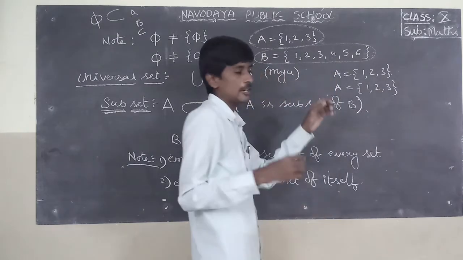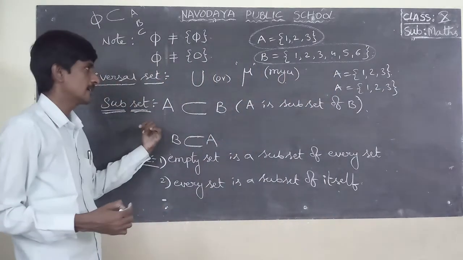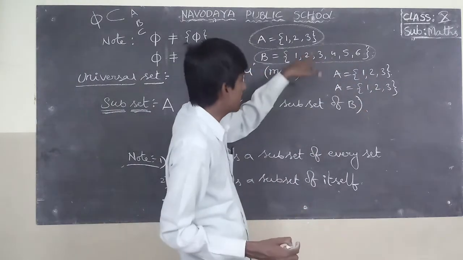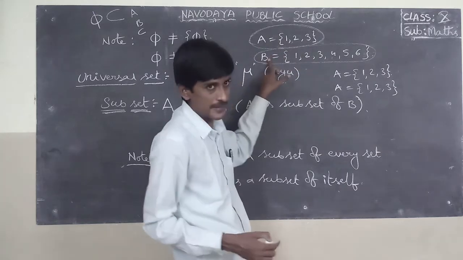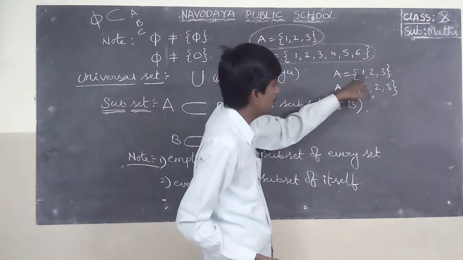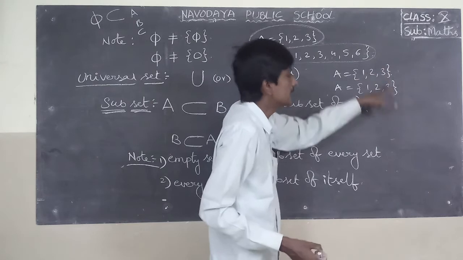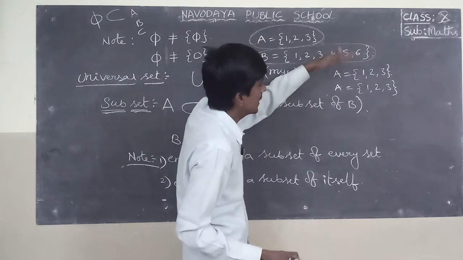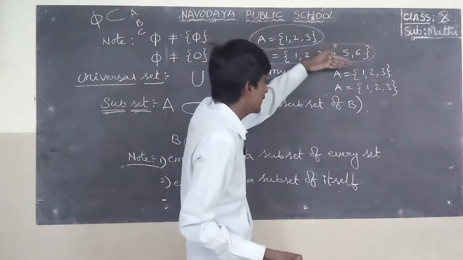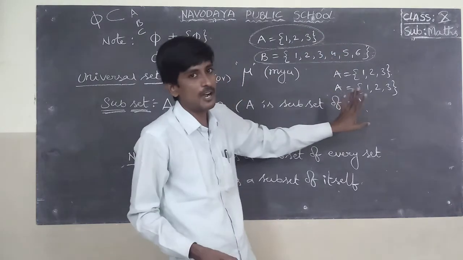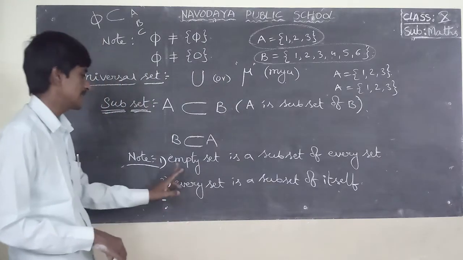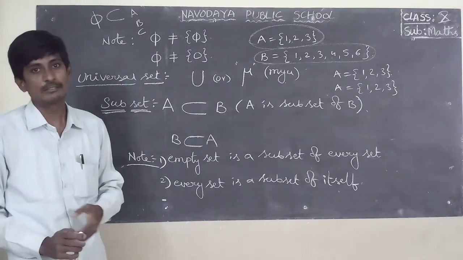According to the definition of subset, 1 is there, 2 is there, 3 is there. So every element of A is an element of A, so every set is a subset of itself. That is the second important note.